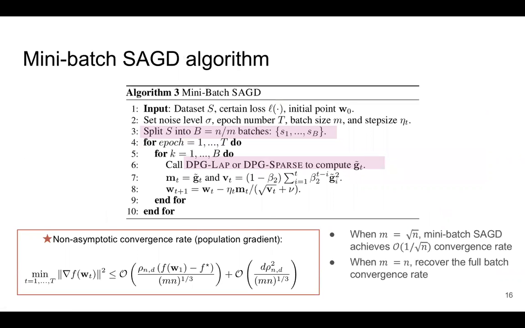So for large-scale deep machine learning, they derive a mini-batch SAGD, and the difference is in line 3 and line 6.